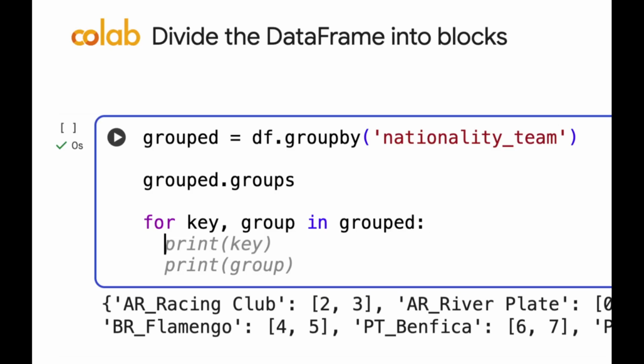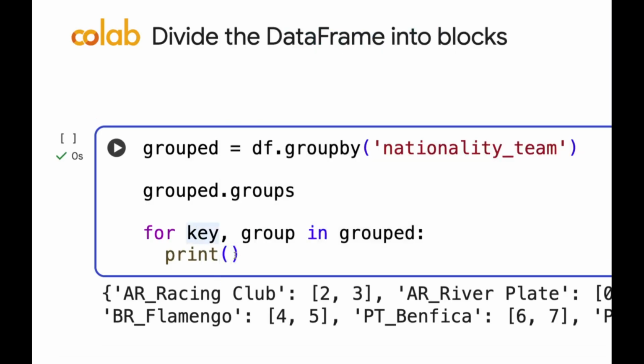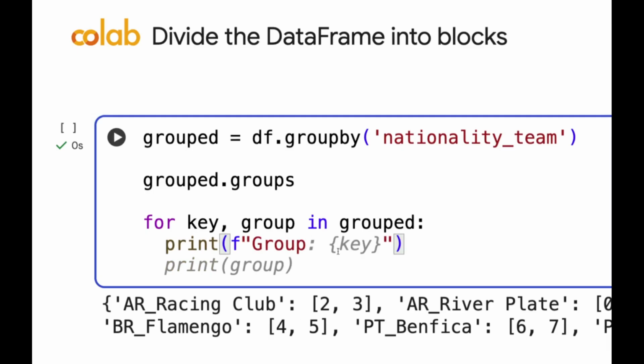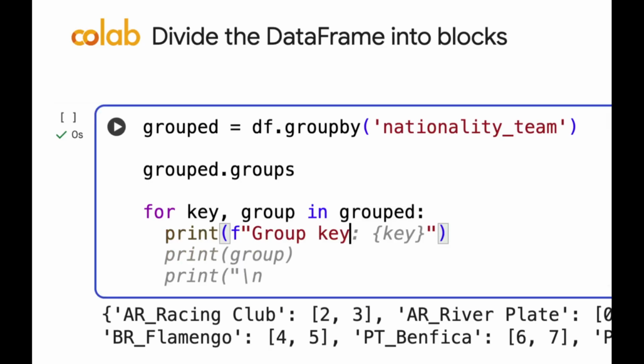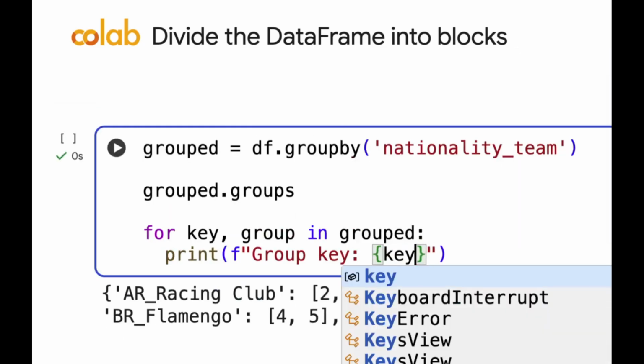Right? Now what do we do inside this for loop? First of all, we want to print out the key, but let's use an F string, because we want to provide some descriptions inside the information we want to provide. So group key, and then this is the string, but then we want to really include the value of the key, right?